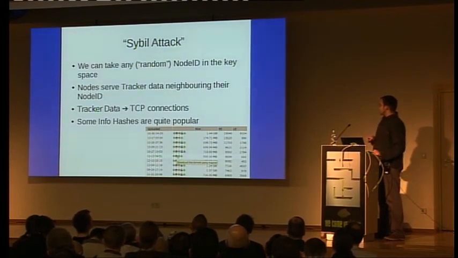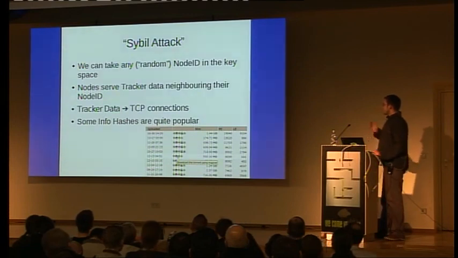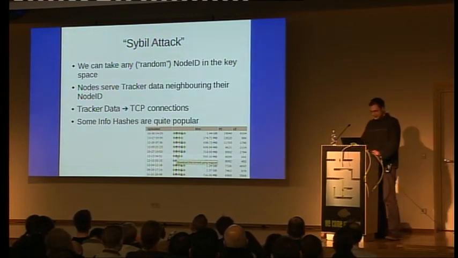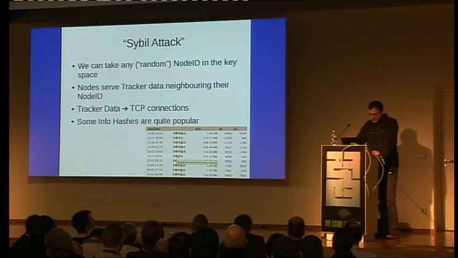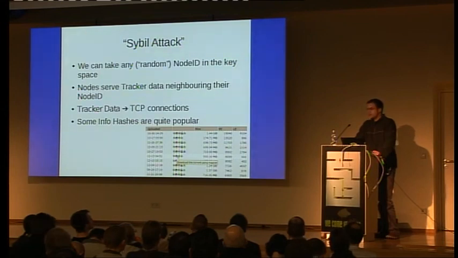And Pirate Bay, for instance, offers magnet links directly in the listing. So we can just scrape that information from the web page and use node IDs, popular node IDs.